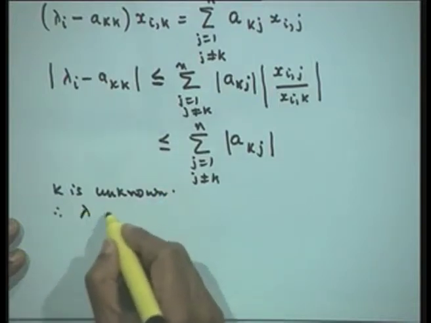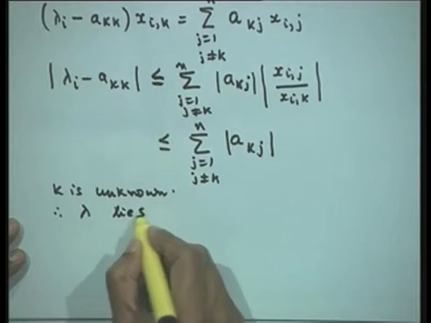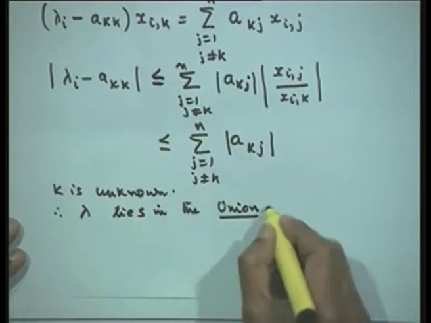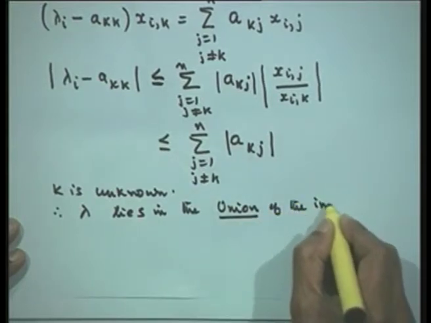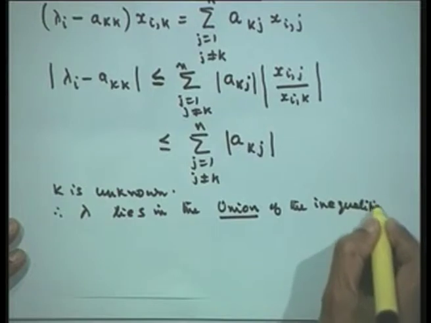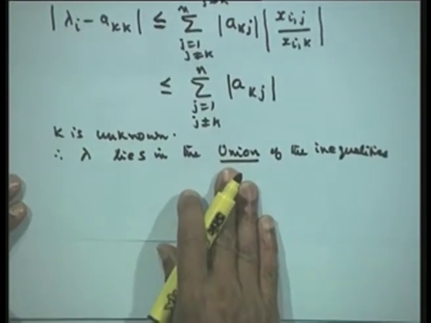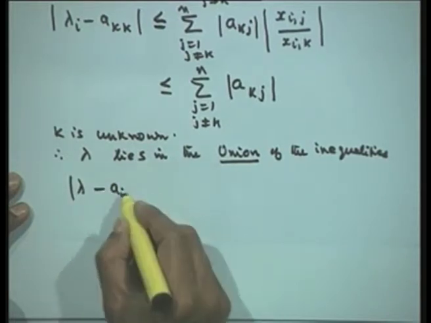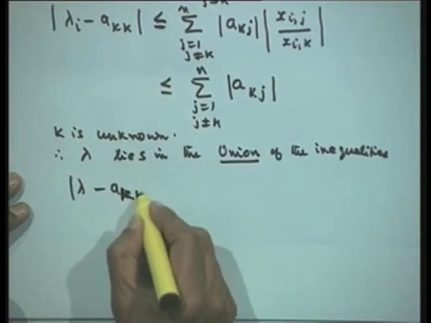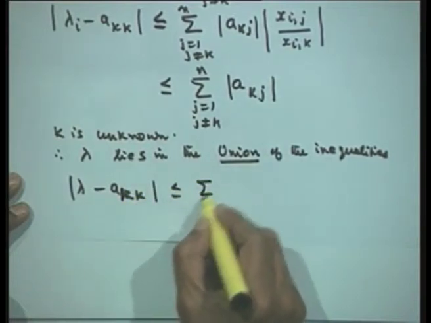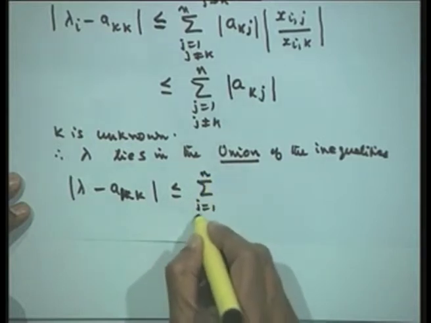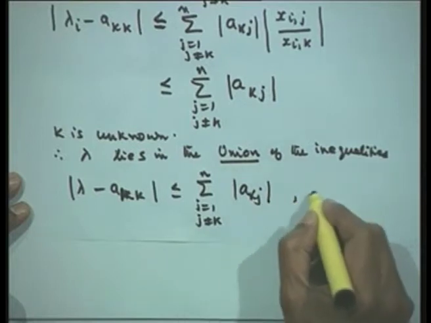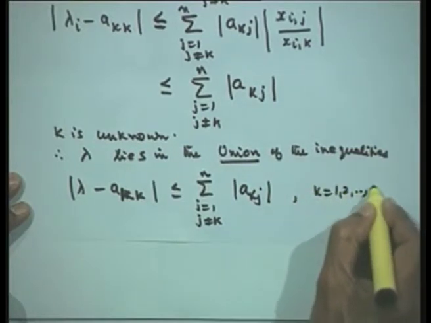Therefore lambda lies in the union of the, at the moment let me write down inequalities, but we will later give another name to these inequalities: magnitude of lambda minus akk is less than or equal to the sum over j is 1 to n, j not equal to k, of magnitude akj, for k is 1, 2, 3, and so on to n.